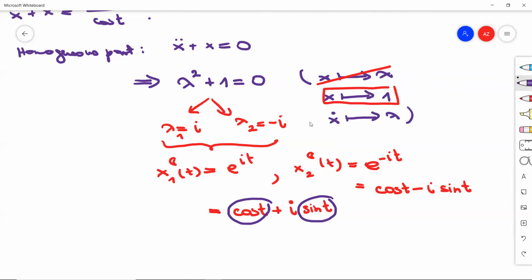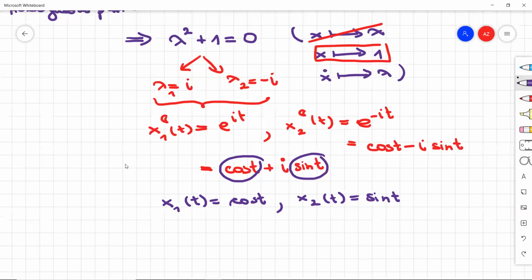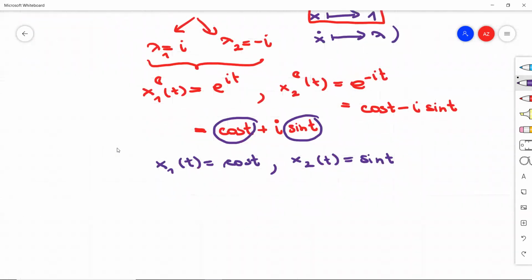So the real solutions are then cosine t and sine t. The solution to the homogeneous part is then a times cosine t plus b times sine t. This is the solution to the homogeneous part.